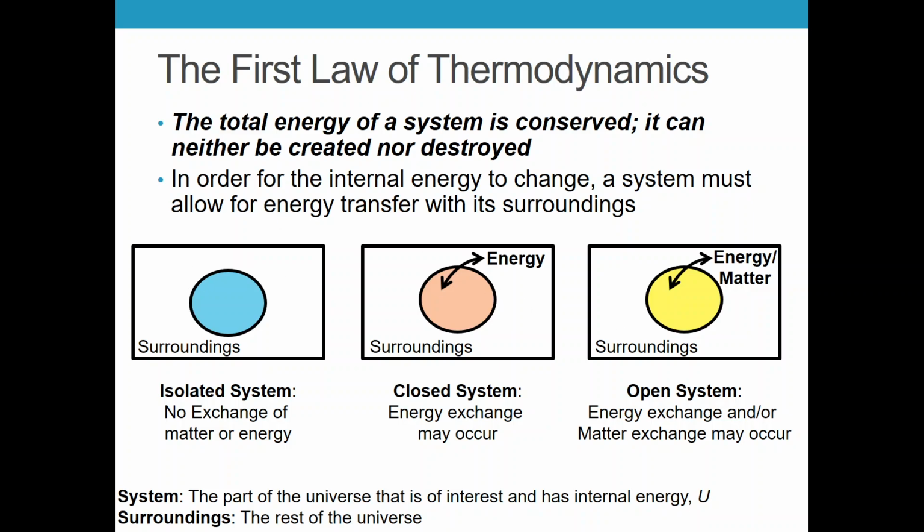So in the isolated system, we have no exchange of matter or energy. So the energy in your system is going to be constant. There's no exchange of energy across this barrier. Also, it is closed, so there's no exchange of matter either.